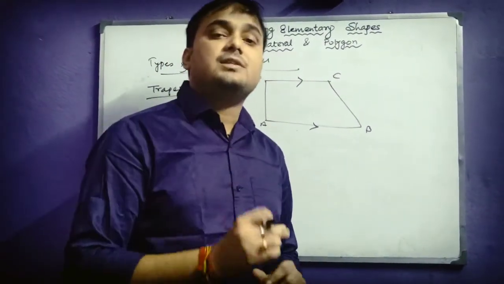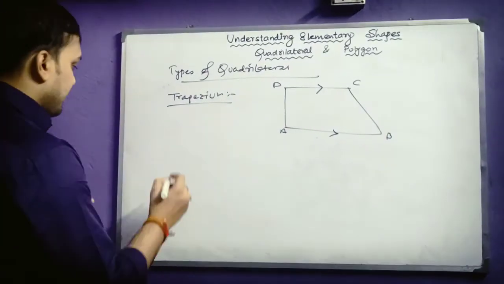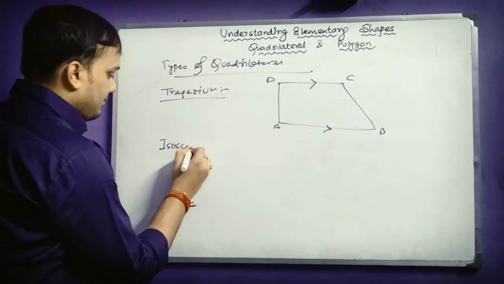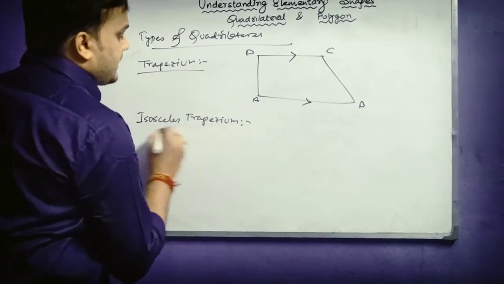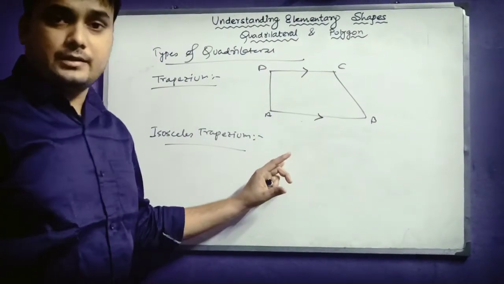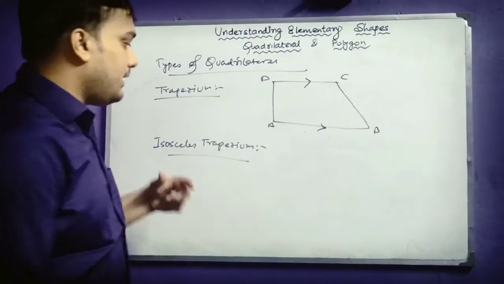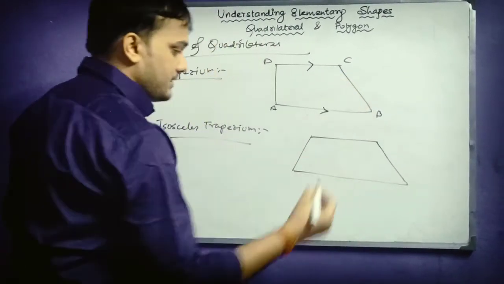But there is one special type of trapezium. We call that an isosceles trapezium. This is a special type of trapezium because this property is also there in this, but it has one more extra property. You will understand it now. It generally looks like this. Okay, let us give a name.